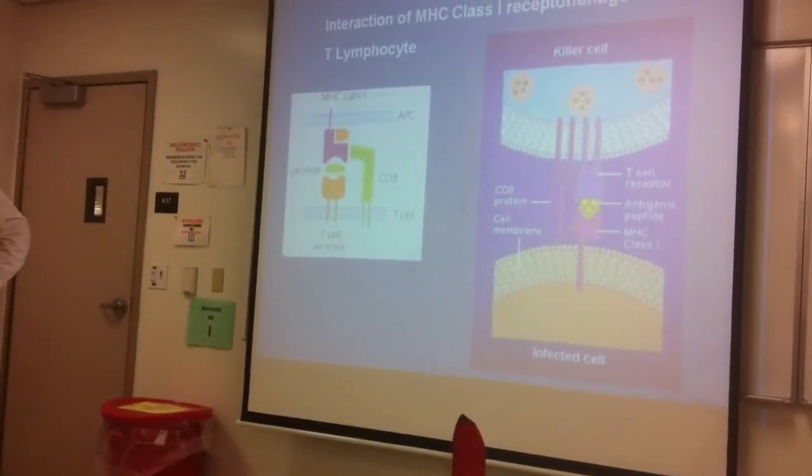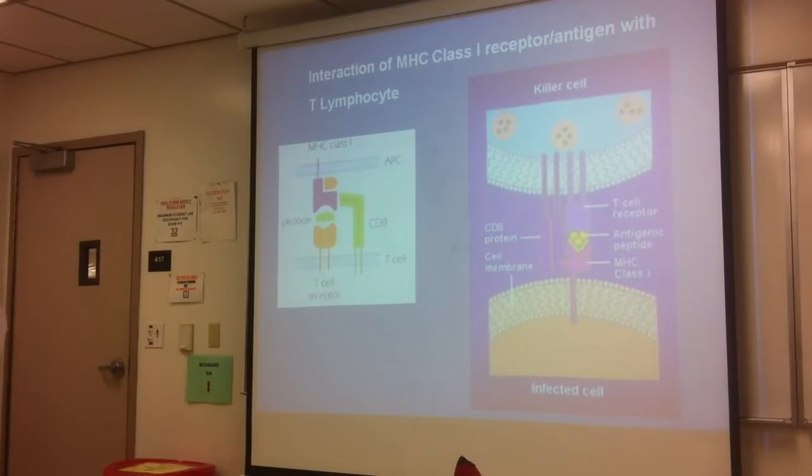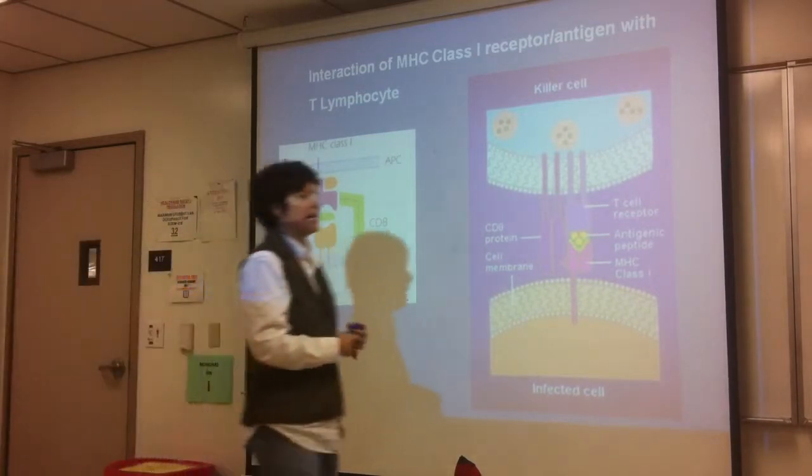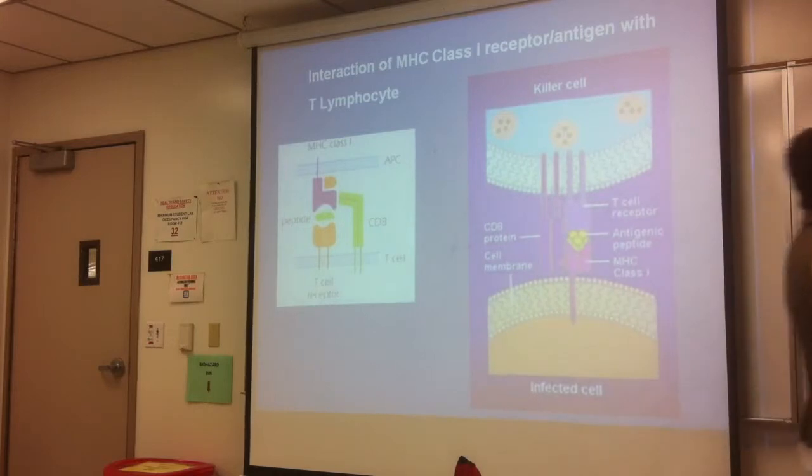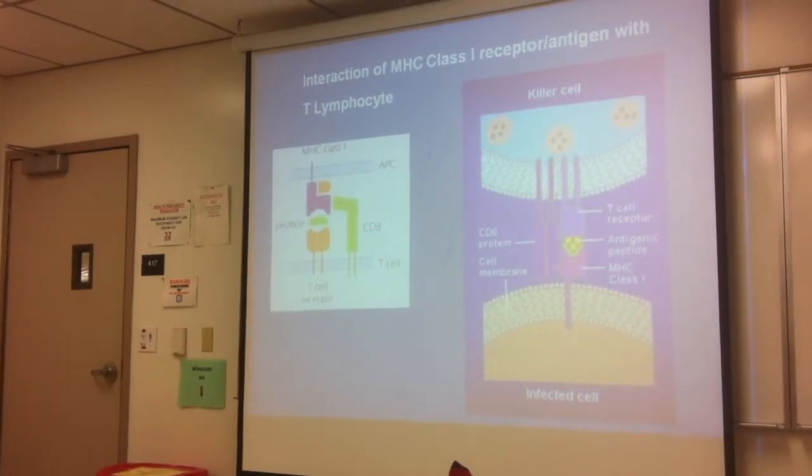So the MHC1 molecule specifically interacts with and binds to a T killer cell. And we had T helper cells and T killer cells. So the cell type that reacts and responds to an MHC1 molecule, let me redraw another one.